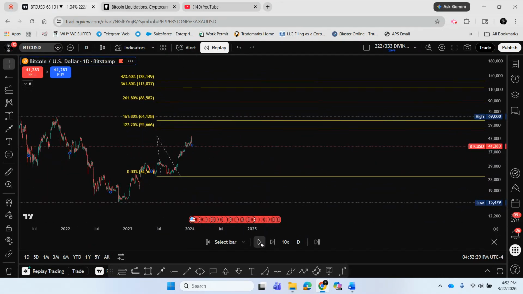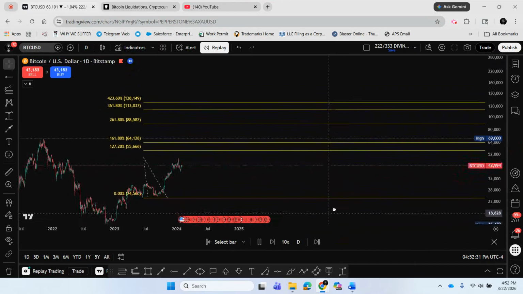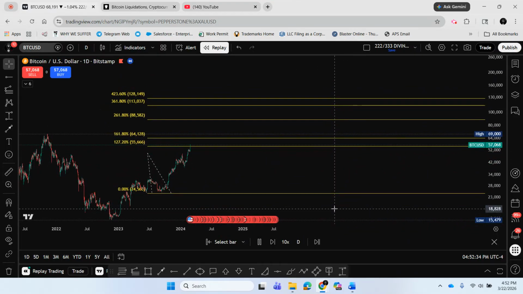If we hit play, let's see if our targets are hit, which we already know they were. Targets 1 and 2 have been hit. Three hit.